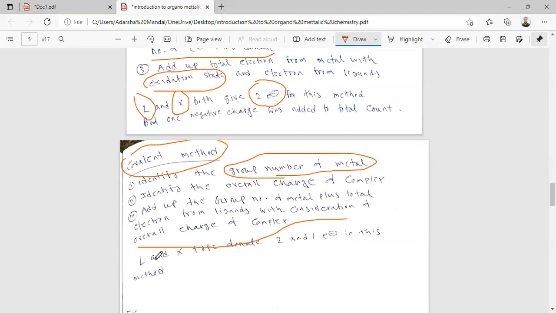In the covalent method, the L type ligand donates 2 electrons to the metal center, and the X type ligand donates 1 electron to the metal center.